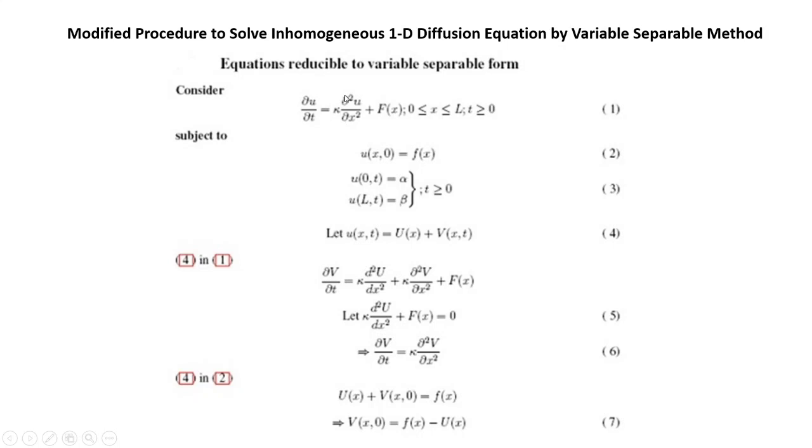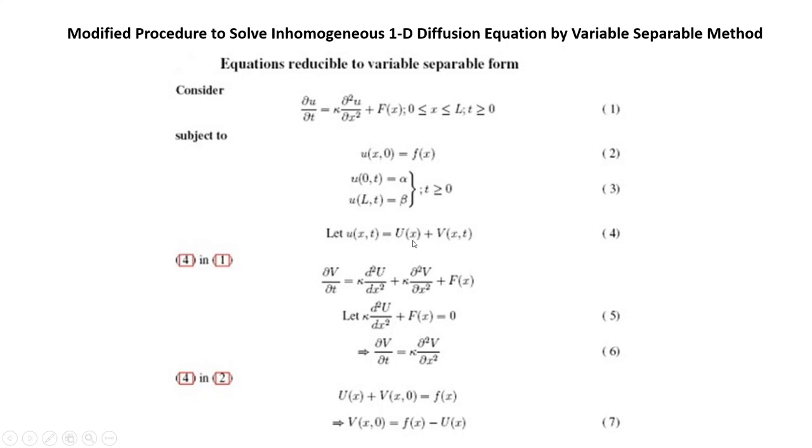But on the RHS, you have u as a function of x, and differentiation of u twice with respect to x, and you can see here u has been split into two functions, capital U and capital V. Capital U is a pure function of x, therefore you will get kappa into d square U by dx square, an ordinary derivative.